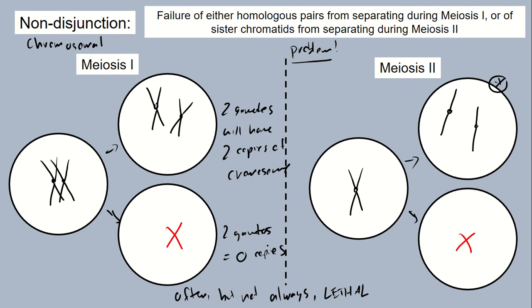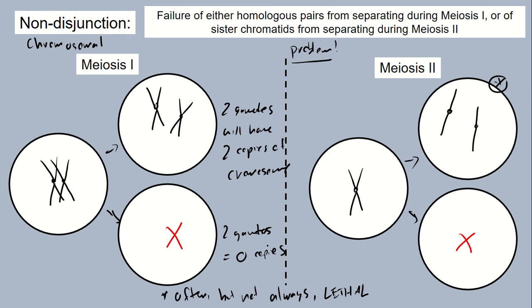Okay, and that kind of change in the genetic composition of a cell is very, very problematic. So you're not just changing one gene, you're changing thousands of genes, and oftentimes this is lethal. Now there are exceptions to this, and most of the exceptions occur when it comes to non-disjunction of the sex chromosomes, and we'll have some specific examples of that coming up in future lectures and future problem sets. Okay, so again, this is often but not always a lethal problem.